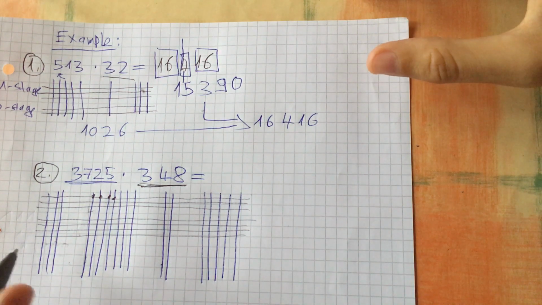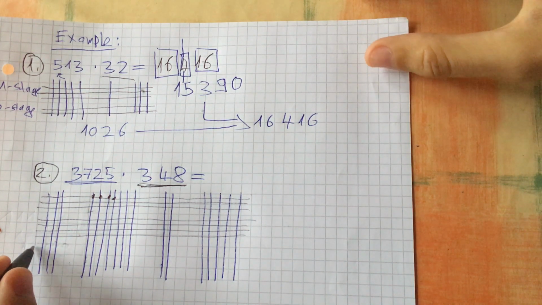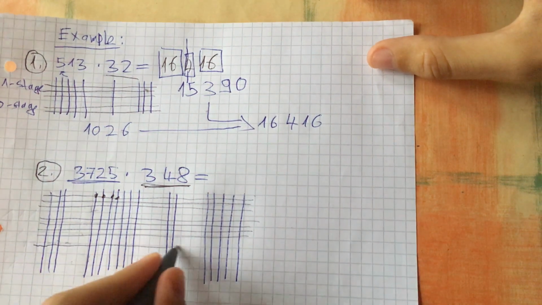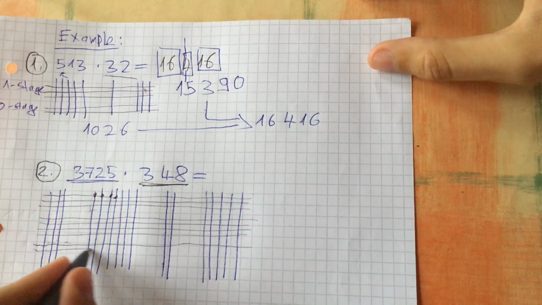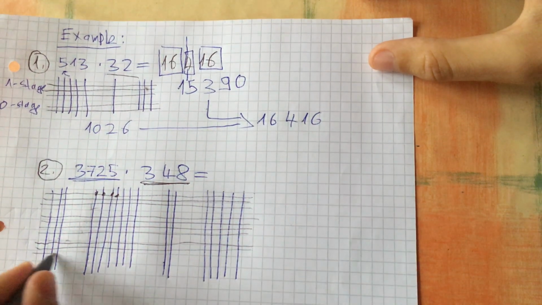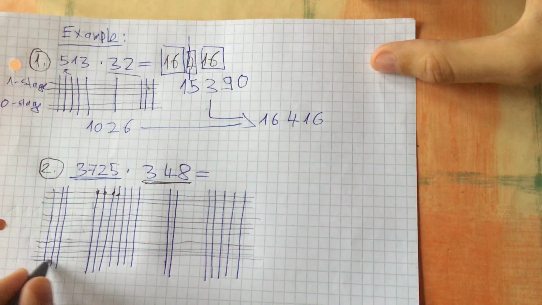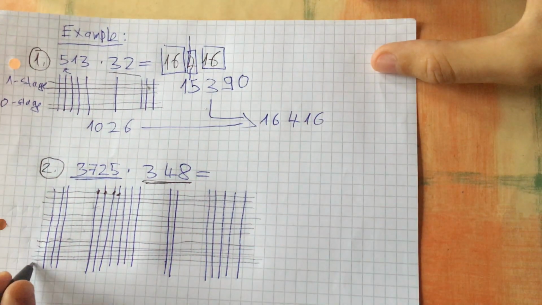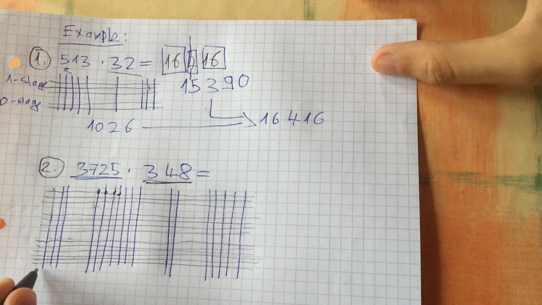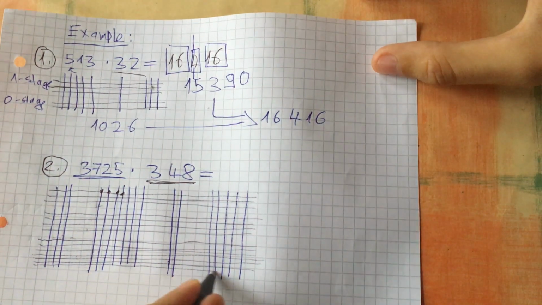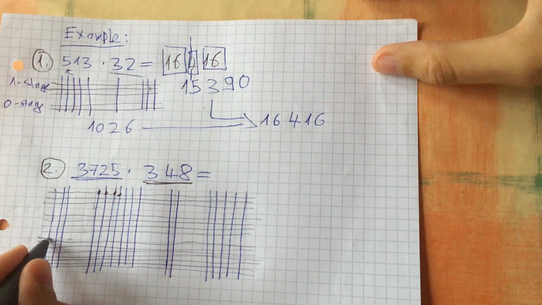Okay, but we're not ready yet, so we have to get 8. So 1, 2, 3, 4, 5, 6, 7, and I'm a little bit cheating, 8.